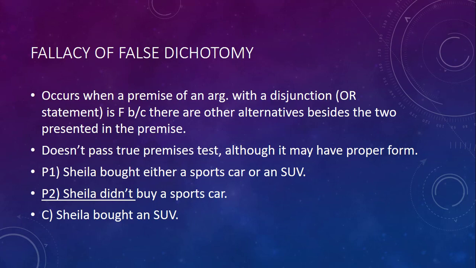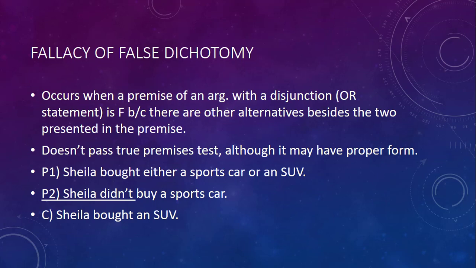However, here's something where a fallacy could come into play in regards to disjuncts. This occurs when a premise of an argument with a disjunction, which is an or statement, is false because there are other alternatives besides the two presented in the premise, or however many are presented in the premise.